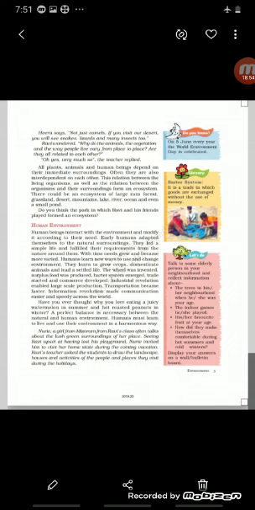Human environment. Let us continue the text. Human beings interact with the environment and modify it according to their need. Early humans adapted themselves to the natural surroundings.